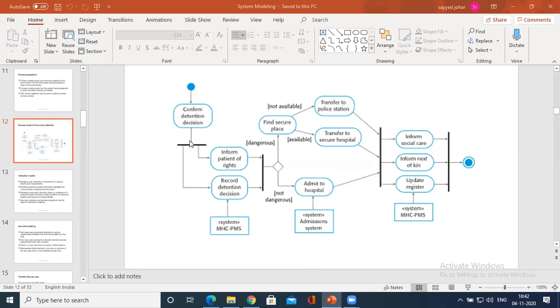Confirm detention decision. There are two types of decisions being made at this point, at this darkened bar: inform patient of rights, and record detention decision. Again, from here we have two decisions to be made.